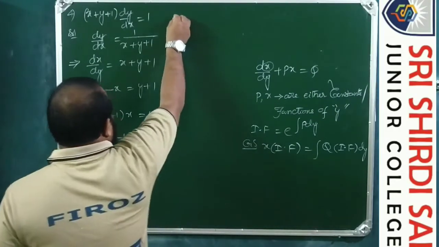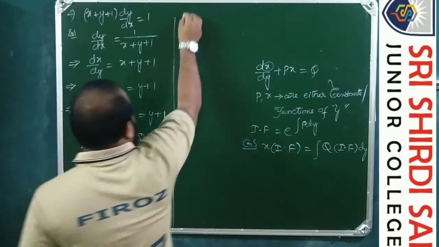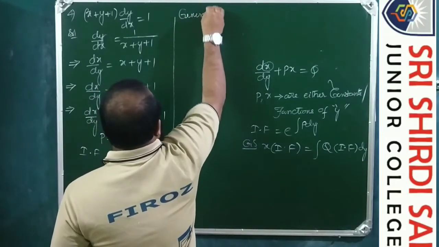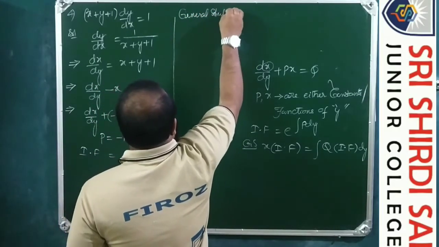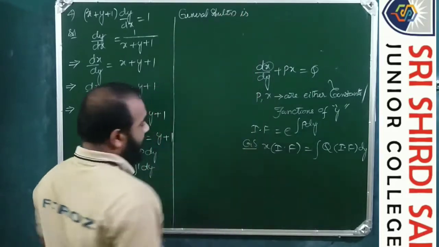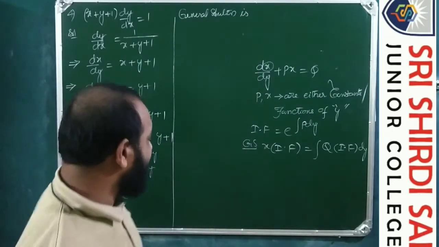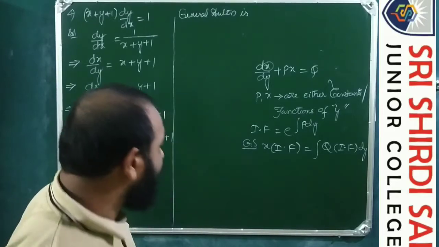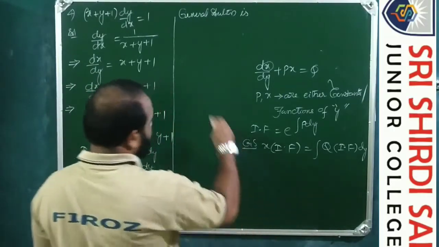Now the general solution is x into integrating factor is equal to integral q into integrating factor into dy.